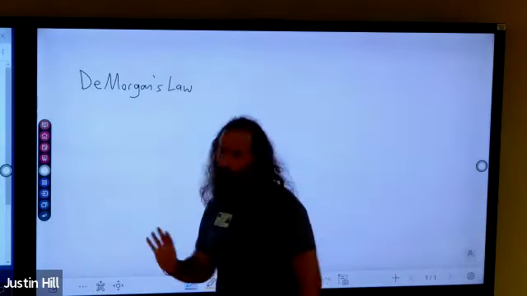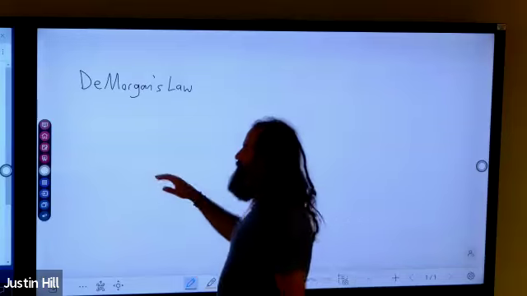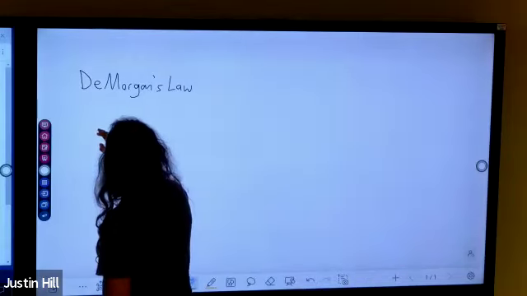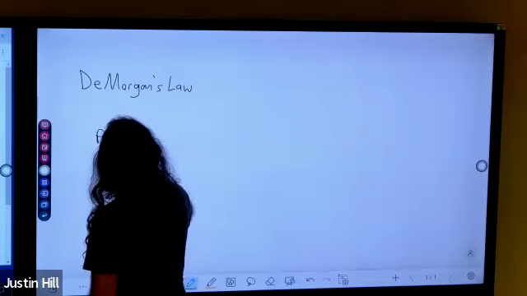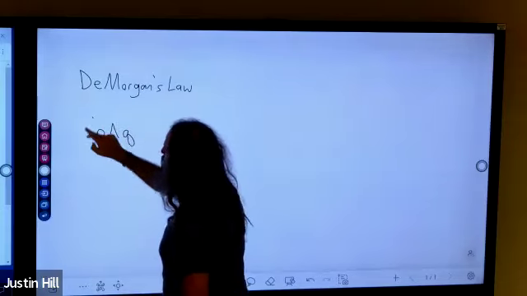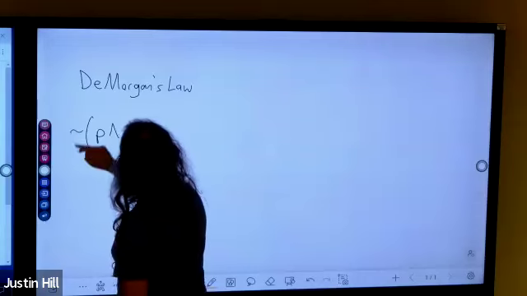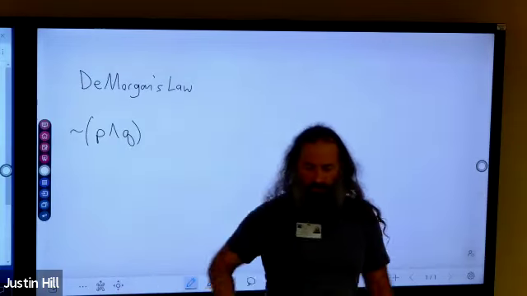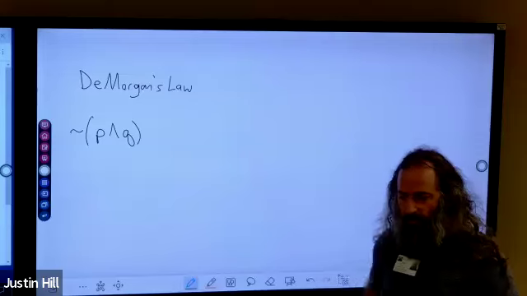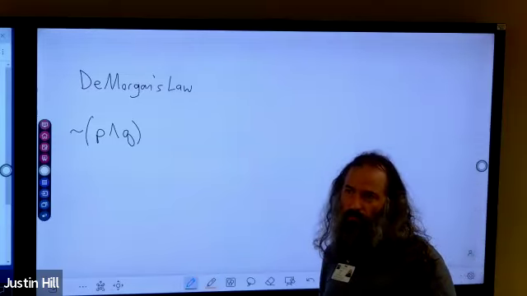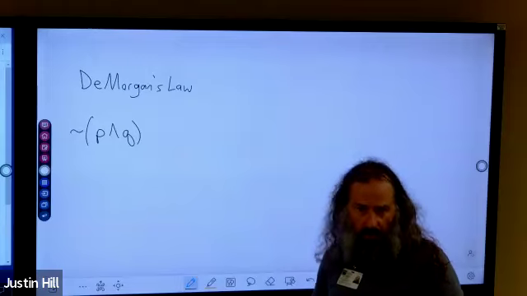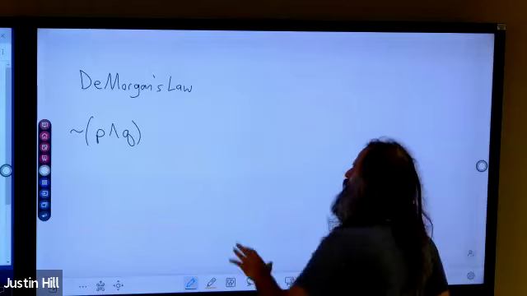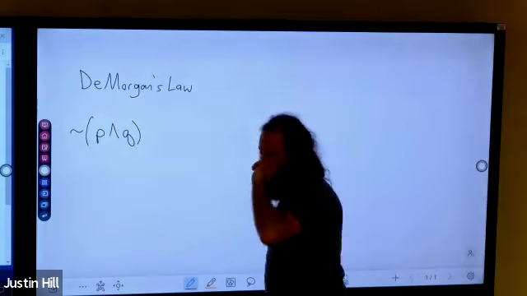So the pattern that we want to figure out is, let's say I have an and statement. What happens to that and statement when I negate the whole statement? We saw some examples in the previous couple of truth tables where we negated one of the statements and then combined it with another statement with an and or an or. What happens when we negate this whole statement?